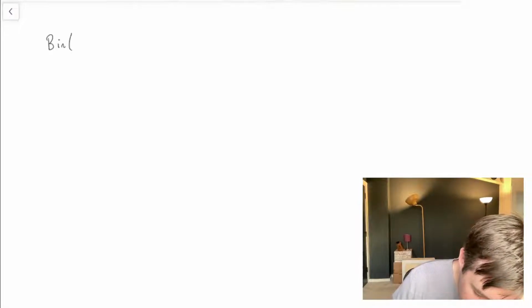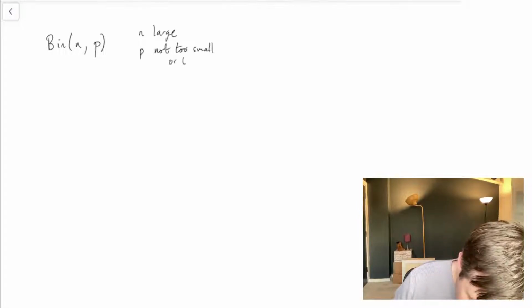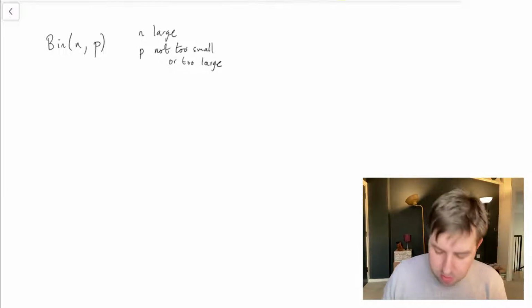If you've got a binomial(n, p), and if n is large and p is not too small or too large, then you can approximate this binomial by a normal distribution.